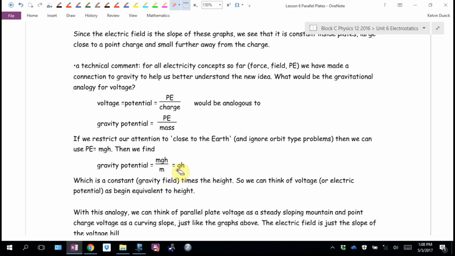If a charge has a higher voltage, you can imagine that it started rolling down a higher hill towards me. If it has a lower voltage, it started rolling from a lower hill towards me. The amount of charge is what does the damage. Again, if you had a massive hill and you rolled a little ping pong ball towards me, wouldn't worry me at all, even if it was a hill that was 100,000 meters high, 100,000 volts, no problem.